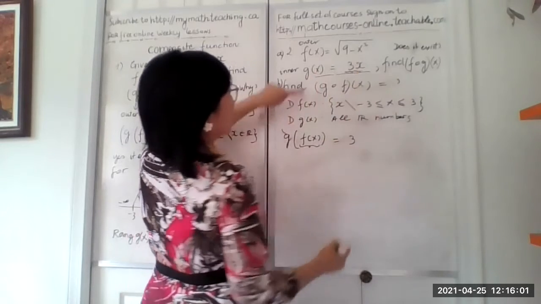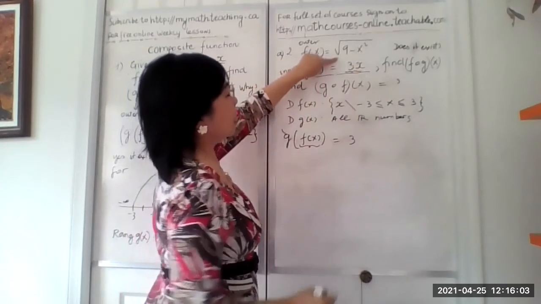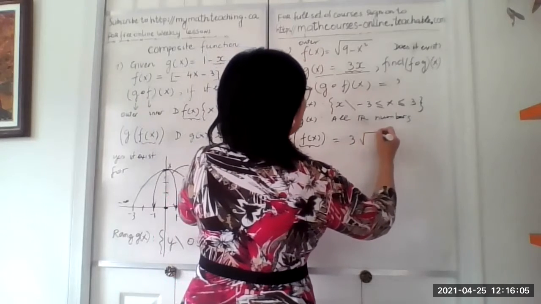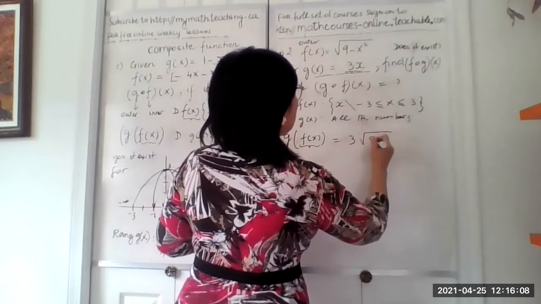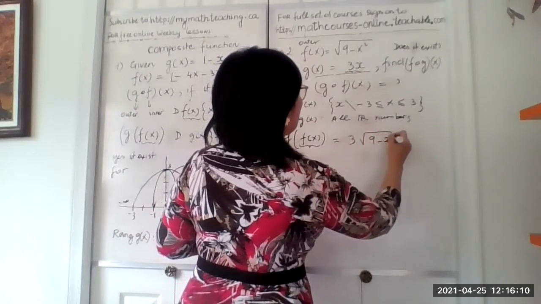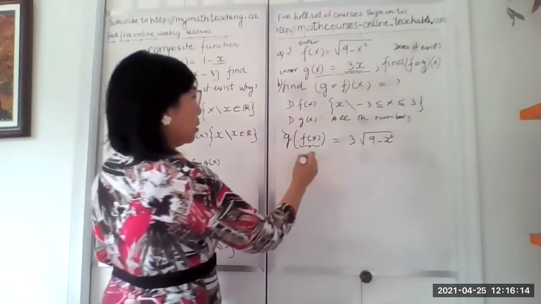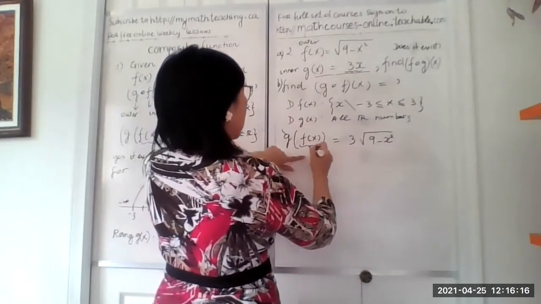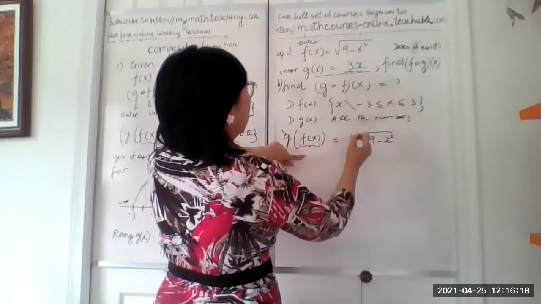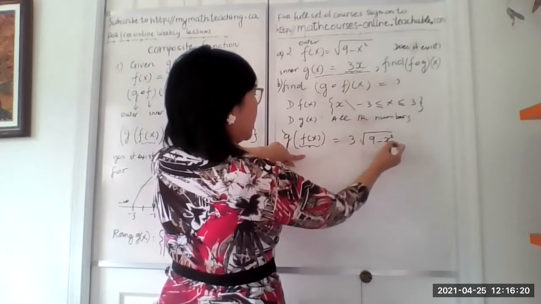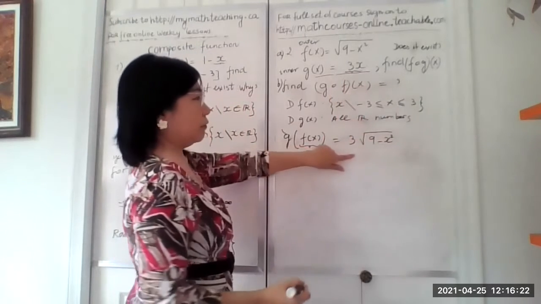But what is the x? We will substitute it with the function f of x. So now we substitute that, and we get something like this. So this is the new composite function.